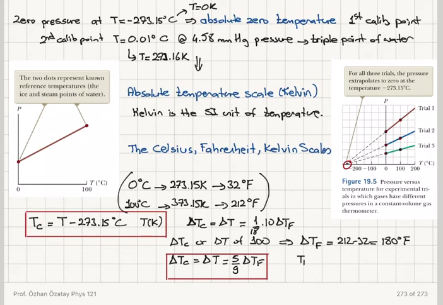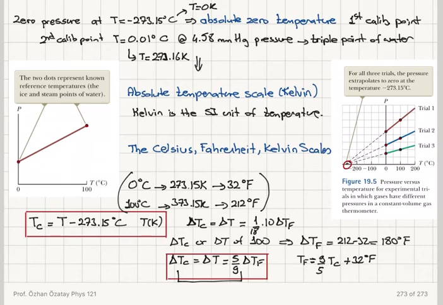If you have a temperature in the Celsius scale, then Tf is equal to 9 over 5 Tc, but then I have to remember that 0 degrees Celsius corresponds to 32 degrees Fahrenheit. So using this relationship, I was able to convert from the Celsius to the Fahrenheit scale.